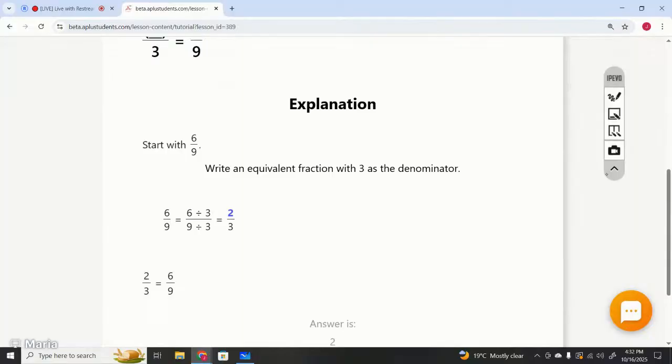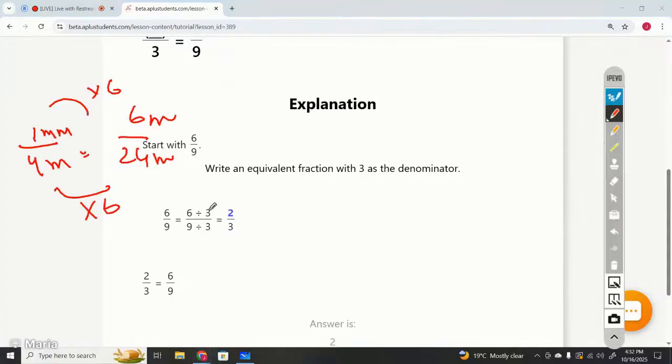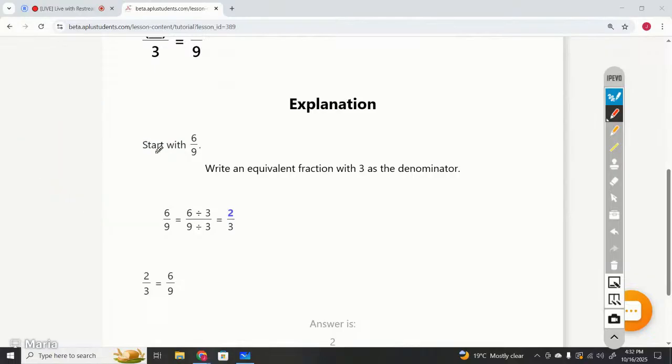So start with 6 by 9. We need to make the denominator 3. So 9 divided by 3 is 3. So that's why we divide this fraction 6 by 9 by 3. So that is 2 by 3. So 2 by 3 is equal to 6 over 9.